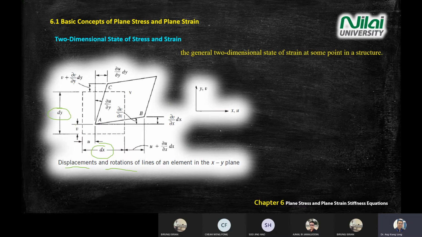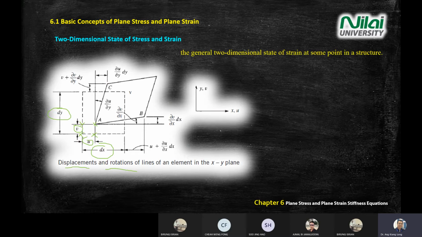Then, for example, what is v? v is the displacement from this point to this point, meaning a y direction displacement. u is also the same, from the original to this location. Okay, this point, meaning point A.